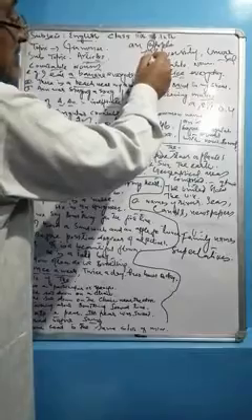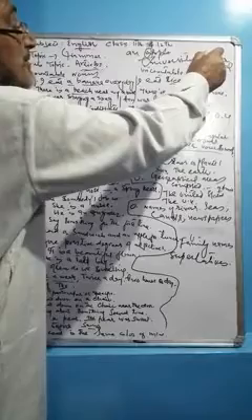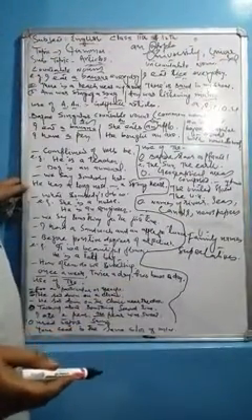This also begins with U. It is a vowel, but the sound is U, not A, E, I, O. Here it also begins with U, a vowel, but not a vowel sound, universal. For example, I can say it is a universal fact. I cannot say it is an universal fact.